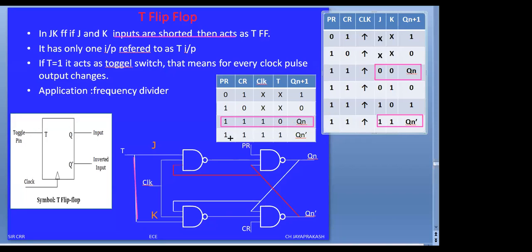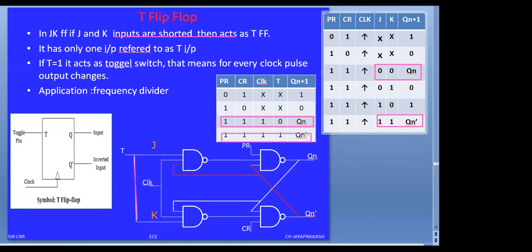Similarly, when preset equals 1, clear equals 1, clock equals 1 and T equals 1, that is J equals 1 and K equals 1, this is called the toggle condition. The output Qn becomes the complement of the previous value: if the previous was 0 it becomes 1, and if the previous was 1 it becomes 0.